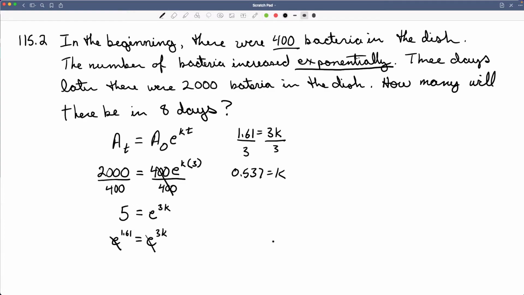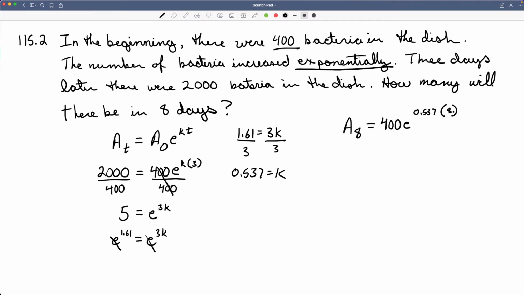Right? So now we know what our constant is. So now we can write a new equation and apply that rate here in the constant. So now we need to know the A of 8 days, the amount in 8 days. So the original amount was 400. And our exponent now is going to be 0.537 times 8 days.